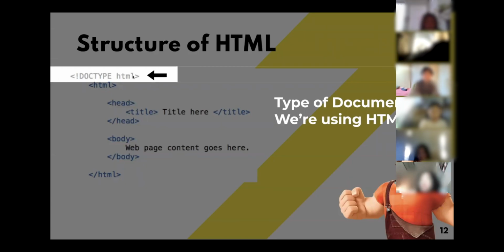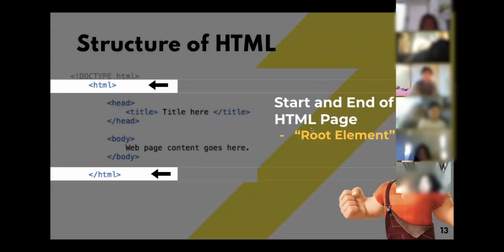So this indicates this is going to be an HTML file. We have to have this in front of every single HTML file in order to code. And the next is the html tag, which is called the root element. Basically, it marks what's going to be the start and what's going to be the end of our HTML page.